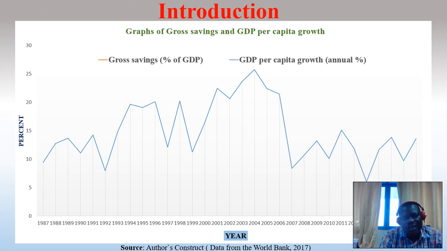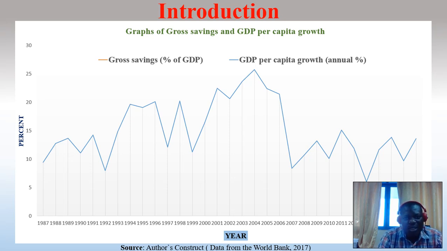This is a graph showing both GDP per capita growth, that is annual data from 1987 to 2017, and gross savings as a percentage of GDP.